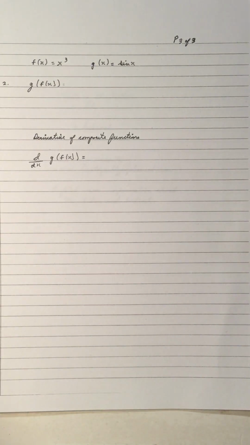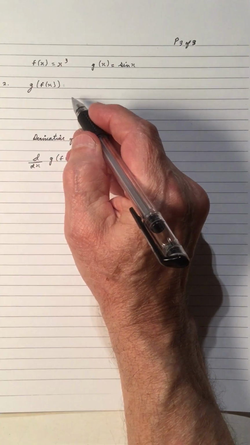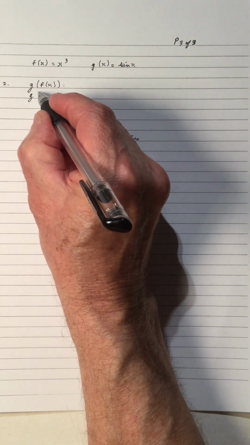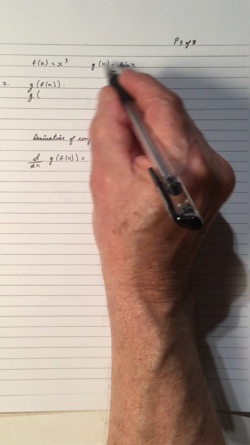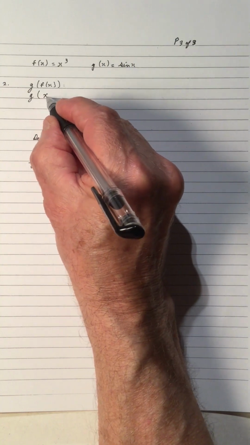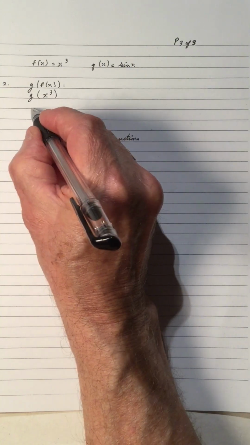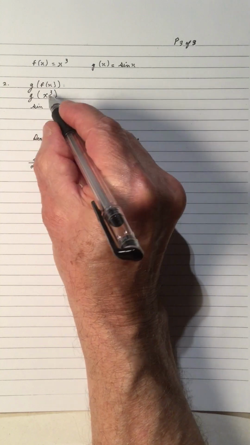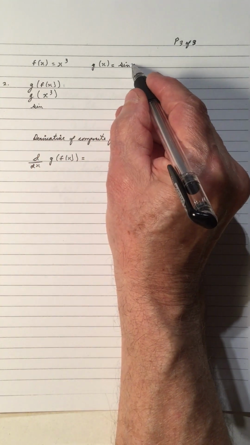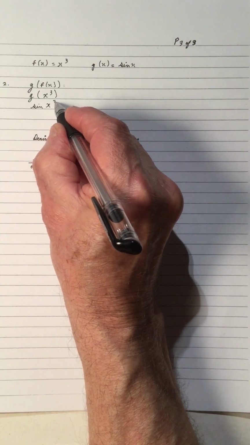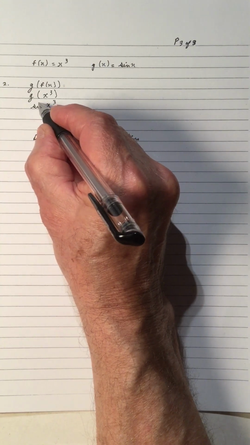It's still a composite function, but they're twisted around. That means the f of x is going into g, so x cubed is going in right here. That's sine x cubed.